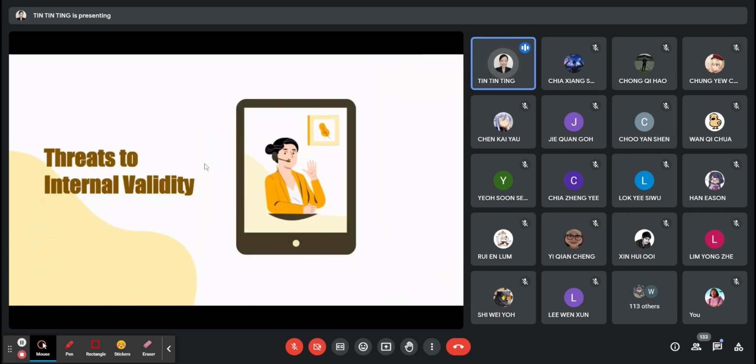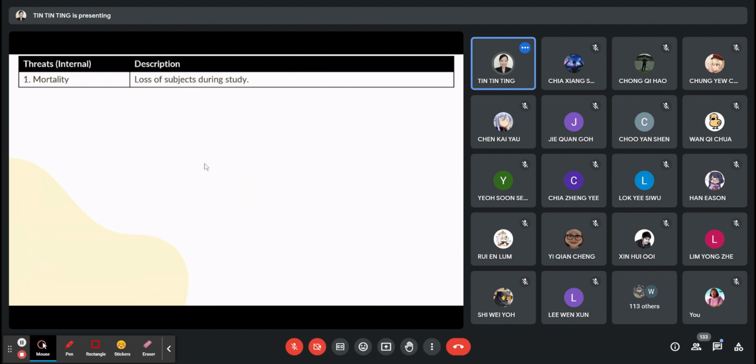Now I've come to the last part, or the second big subsection of this chapter, which is about threats that will cause your internal validity to be violated. What are the threats? Number one, mortality, loss of subjects during the study. It means you might keep track of a group of children for 10 years.